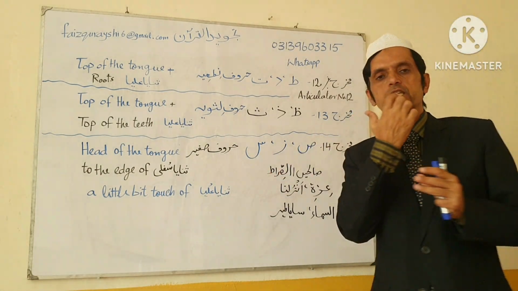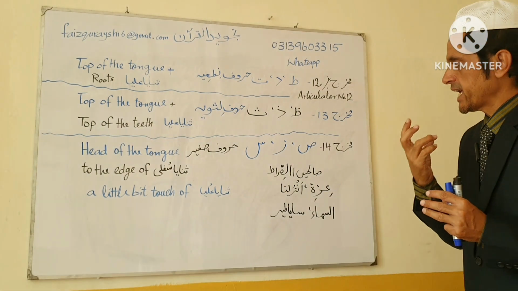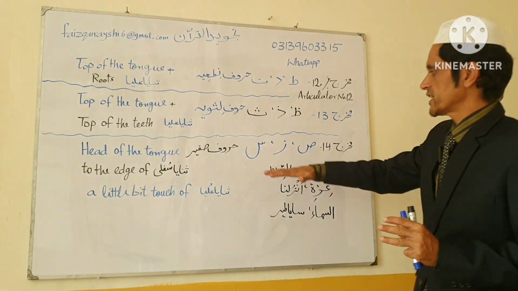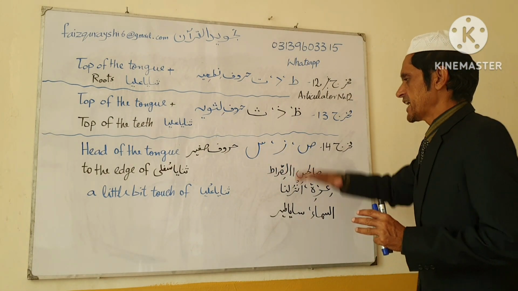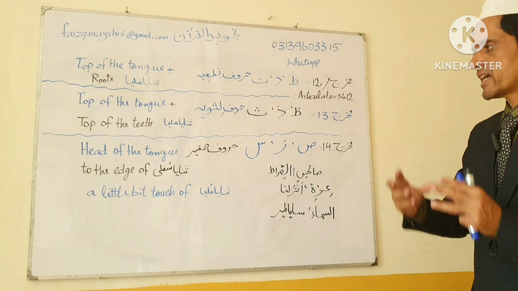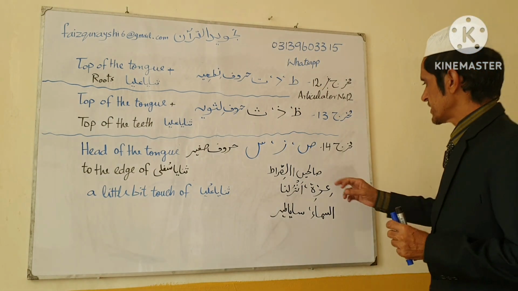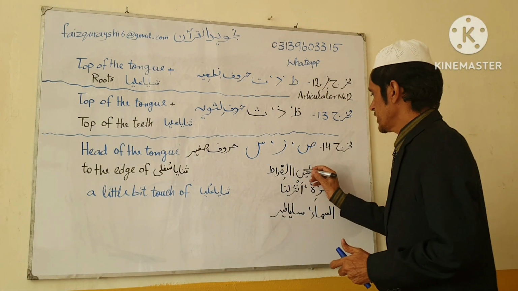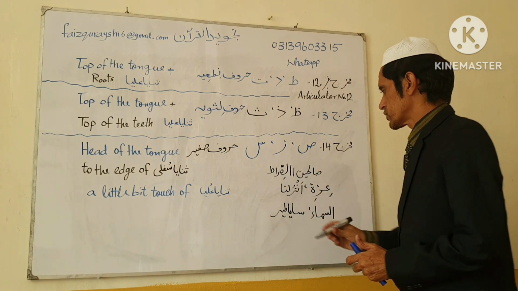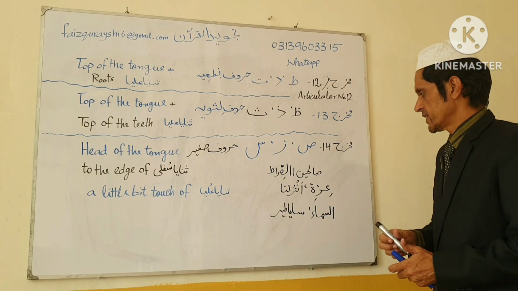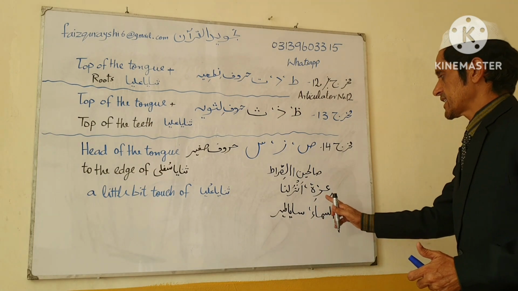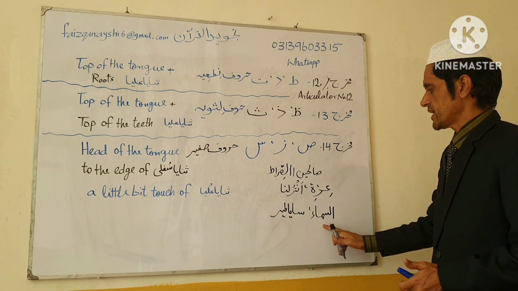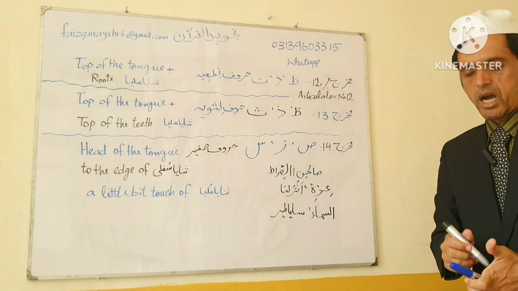So only these two teeth play a role, and only in these three letters. For example, salihina, as-sirata, sad, za, izzatin, izza, anzalna, sin, as-sama.